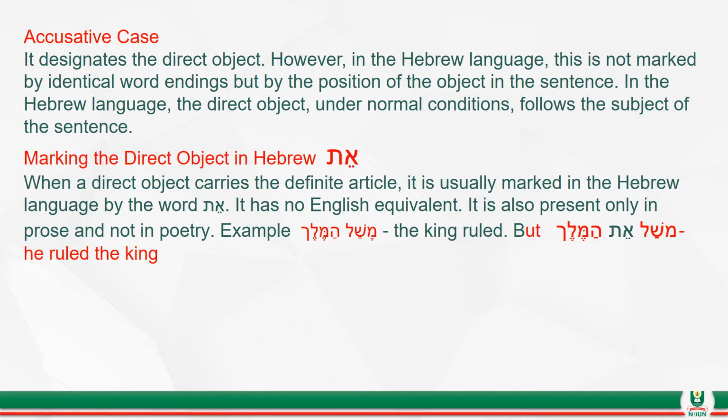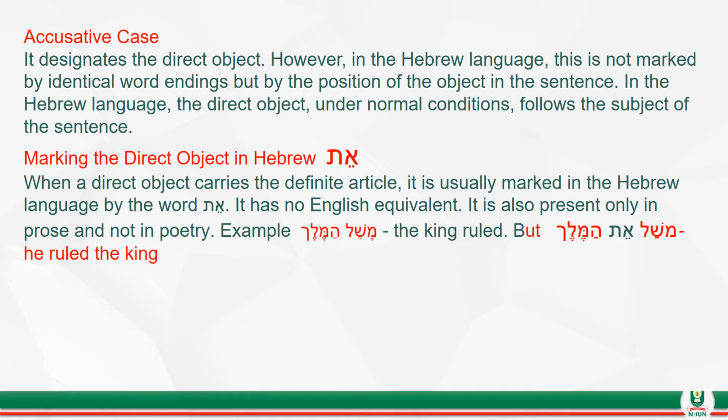Under normal conditions, it follows the subject of the sentence, and there is a particular sign in Hebrew that is used to mark the direct object, especially when the definite article is used. Let us look at it.